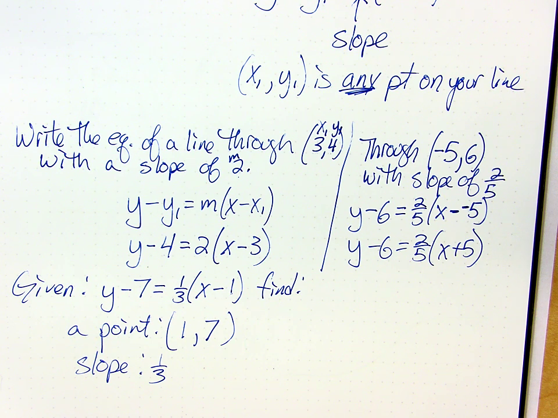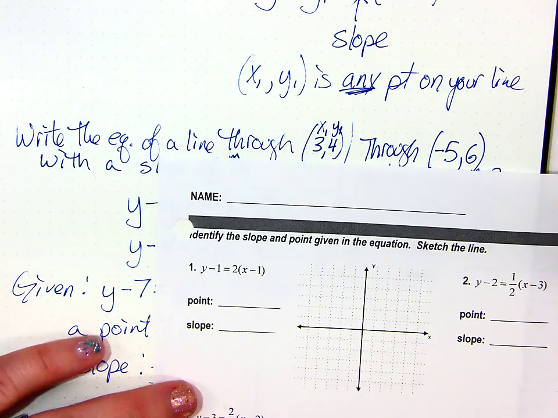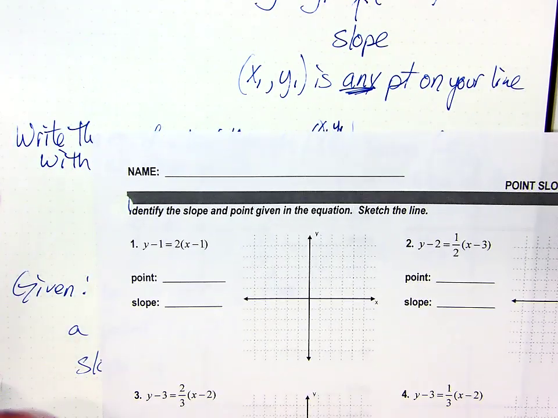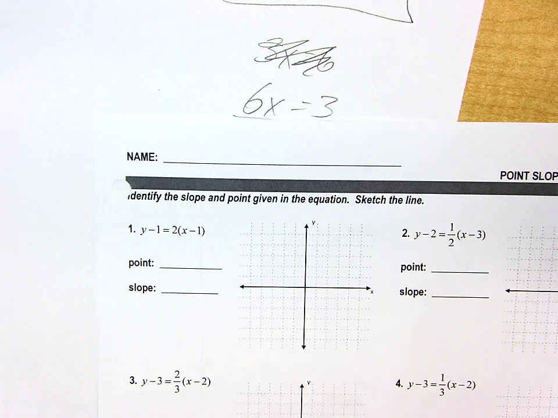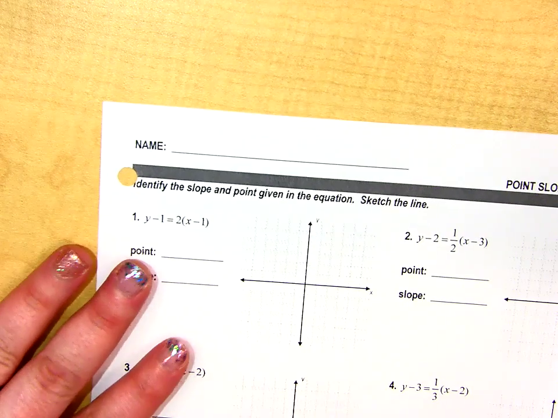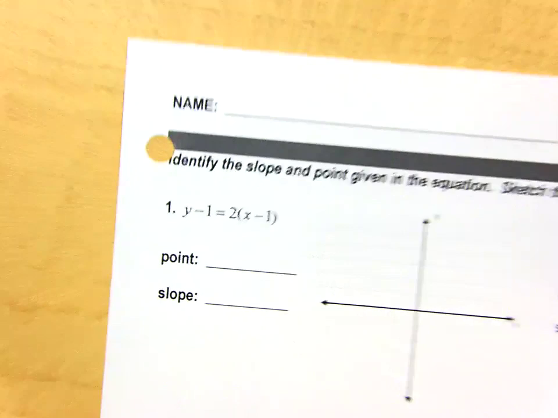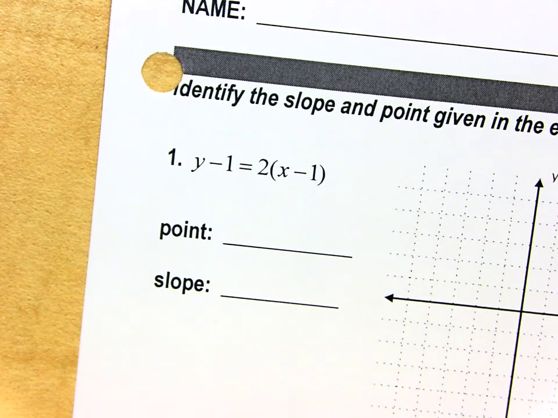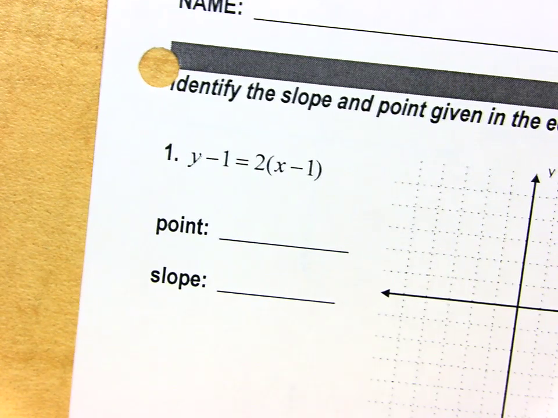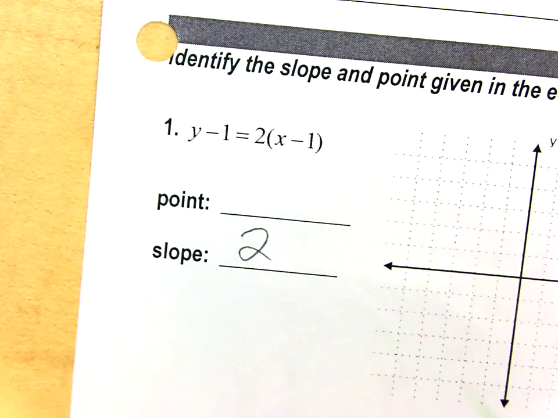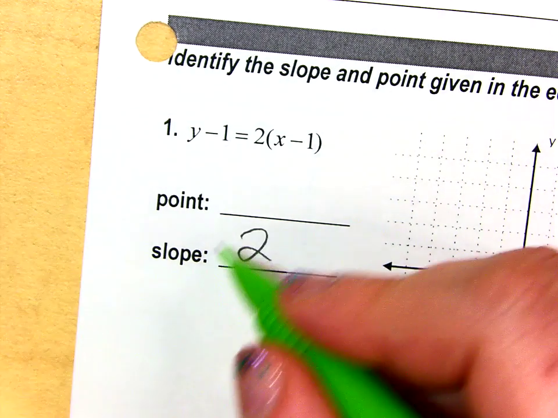All right, so let's look at the worksheet that you have. Let's do number 1 together. So this very first one. Okay, let's start with the slope because that's nice and easy. Slope is 2. Got it. What is the point that goes with this?